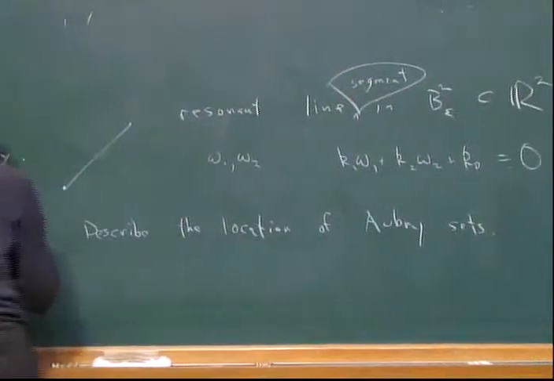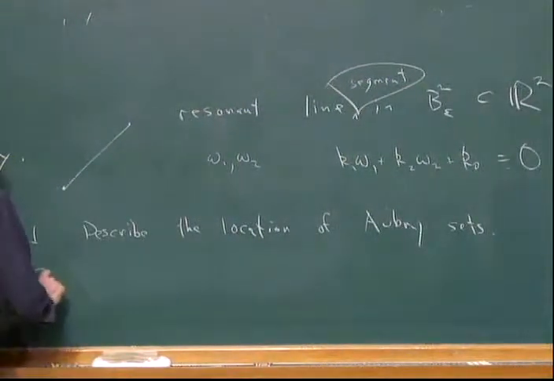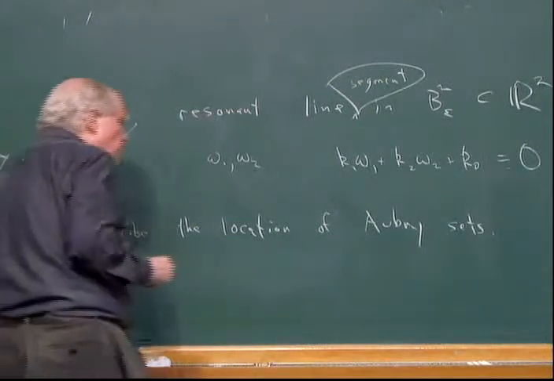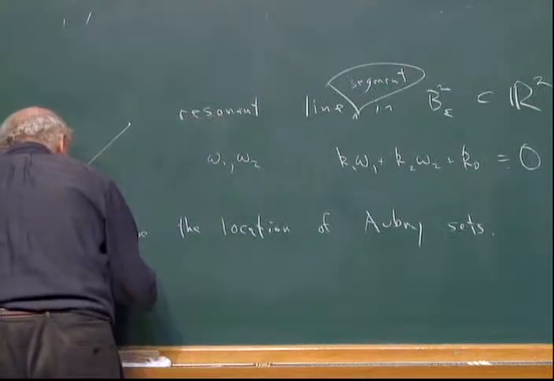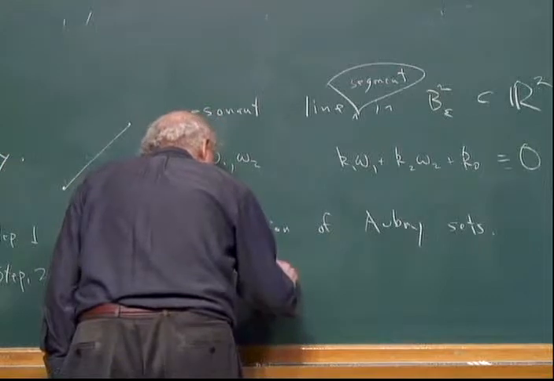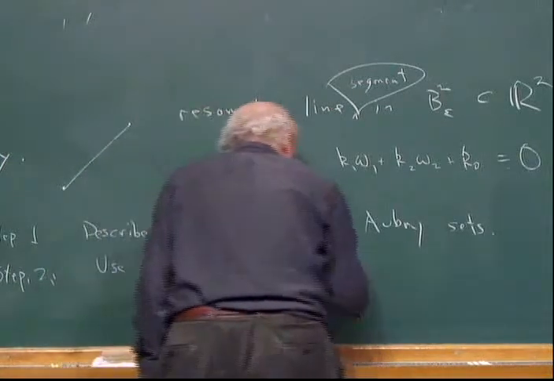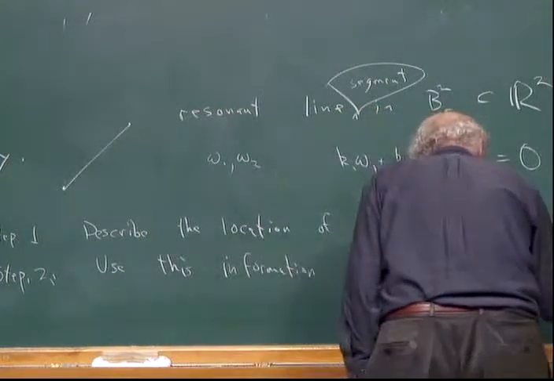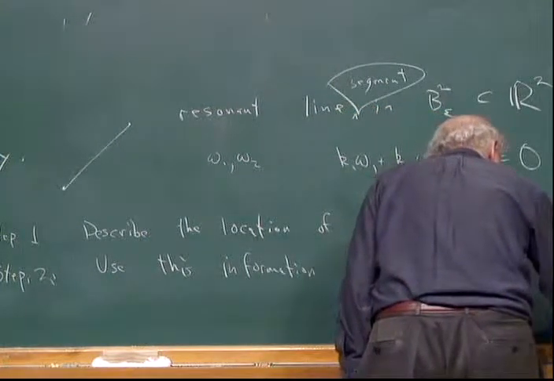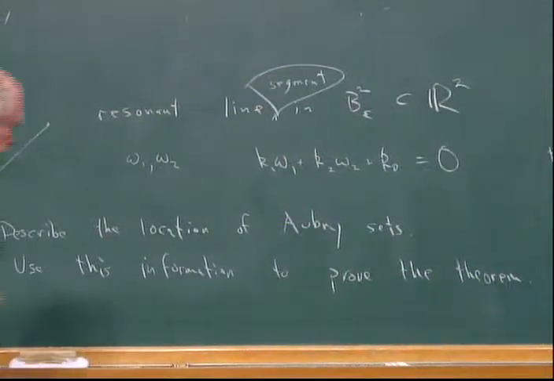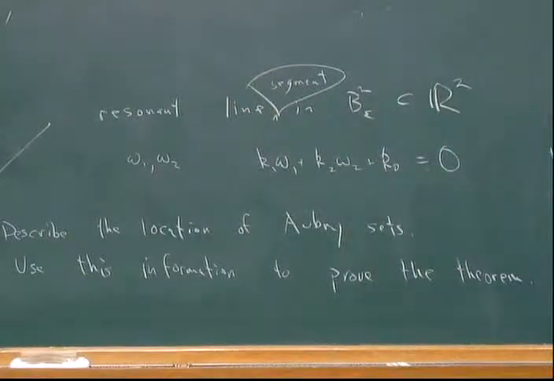And step 2 is to use this information to prove the theorem. Now, this turns out to be very complicated. So both parts are very complicated.